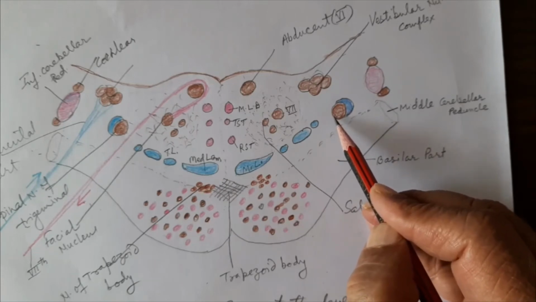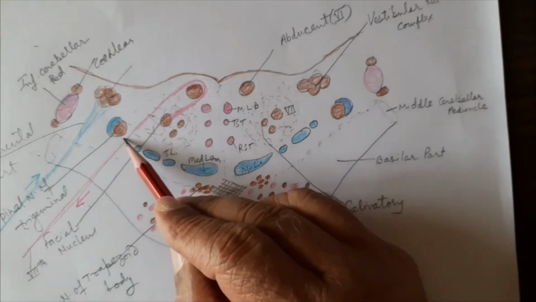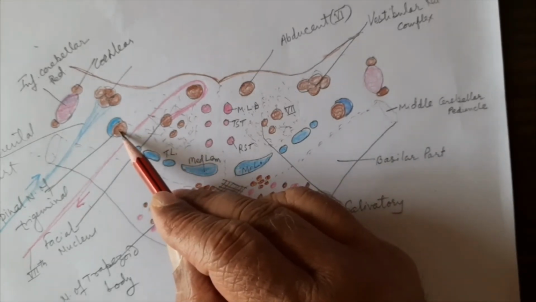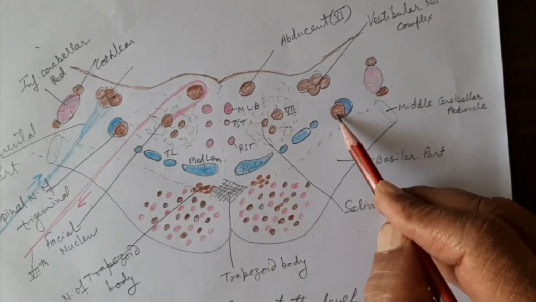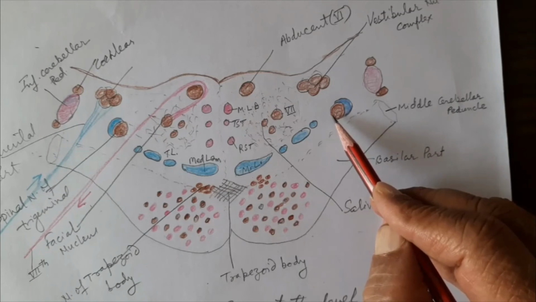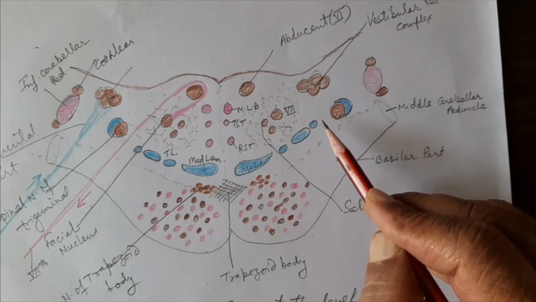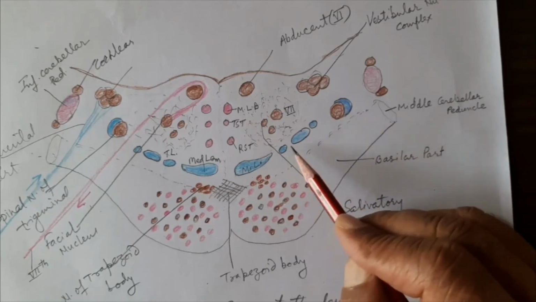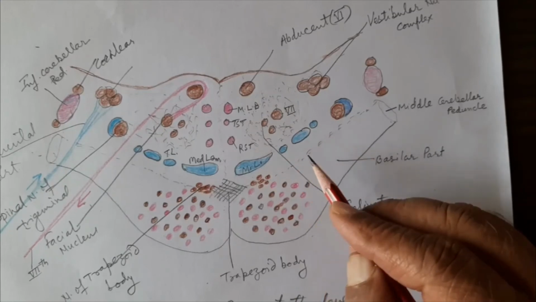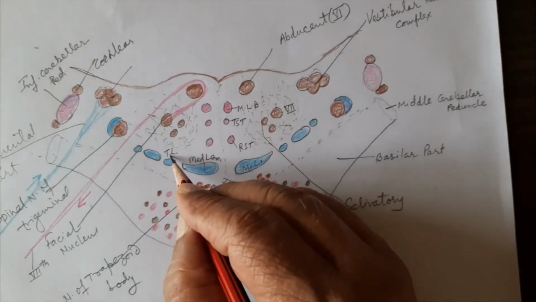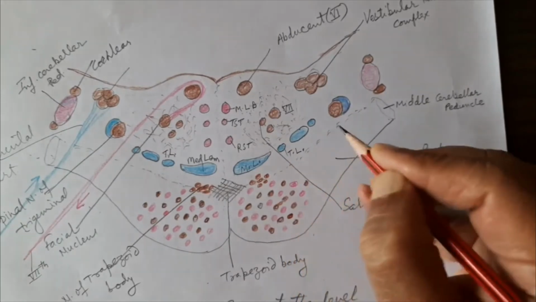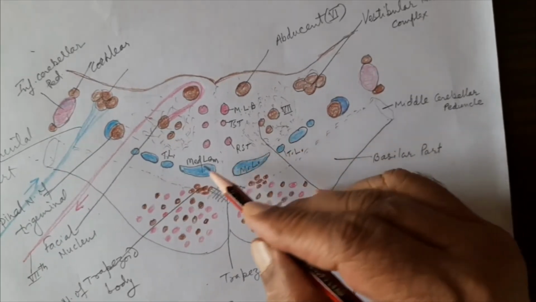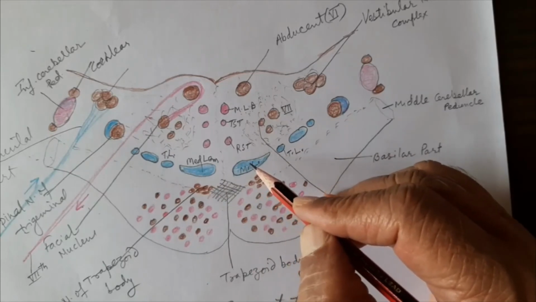So all the fibers arising from the spinal nucleus of the trigeminal will cross to the opposite side and ascend in the form of the trigeminal lemniscus. I will write here TL, trigeminal lemniscus, which is just lateral to the medial lemniscus.